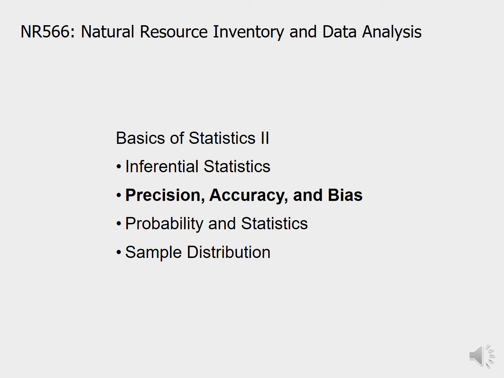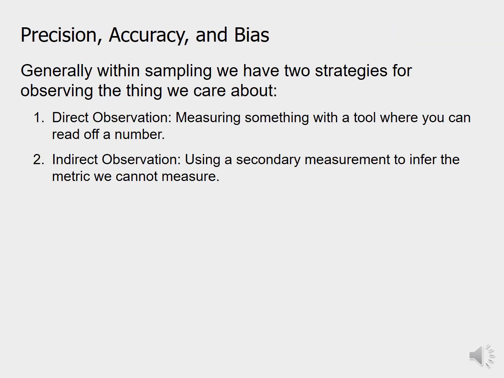Now let's talk a little more about the reasons we have to use inferential statistics when describing a population through sampling. We have two general ways of observing things in the natural environment. The first is direct observations, which is when we use some kind of instrument to directly assess the thing we are interested in.